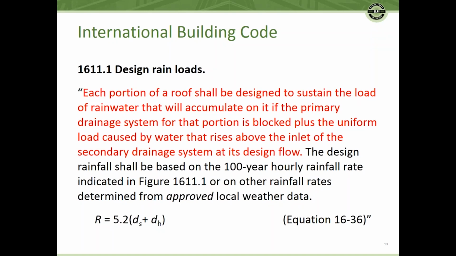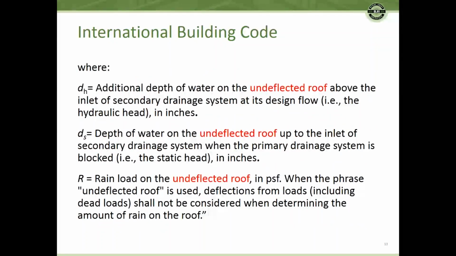And they give the equation shown there as 16-36 that the rain load is 5.2 times (ds plus dh), where dh is the depth of the water on the undeflected roof above the inlet of the secondary drainage, and ds is again on the undeflected roof up to the inlet when the primary drainage is blocked.